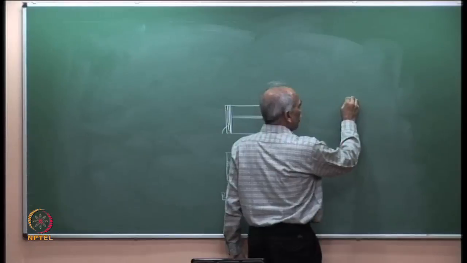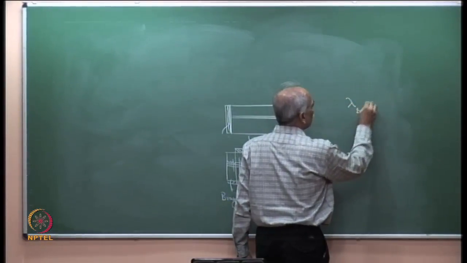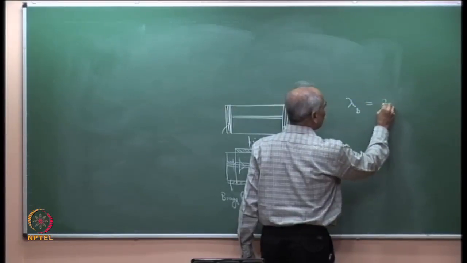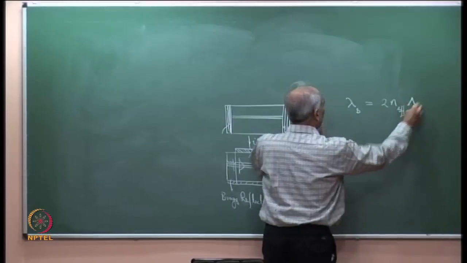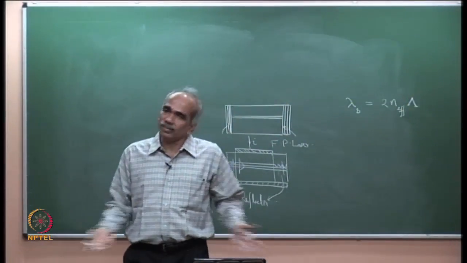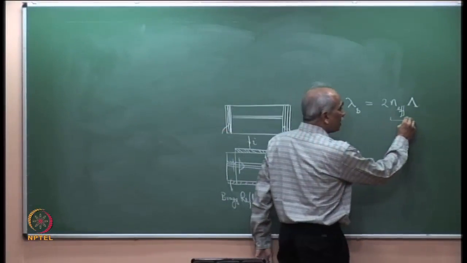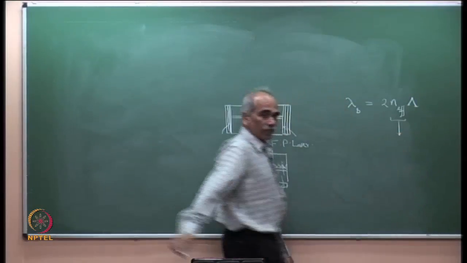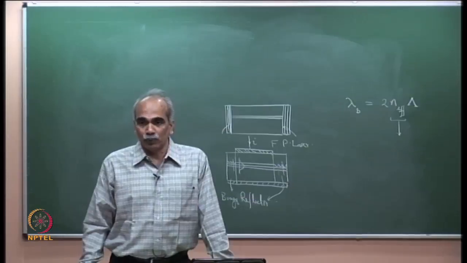We have an expression that lambda B, that is the wavelength which is selected, is equal to twice n effective into lambda. Lambda is fixed because once you have fabricated the corrugation, that is it, lambda is fixed. However, the refractive index of the medium here is a function of the current which is flowing through.